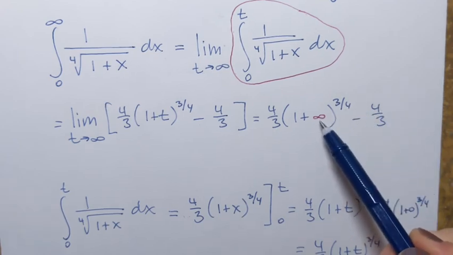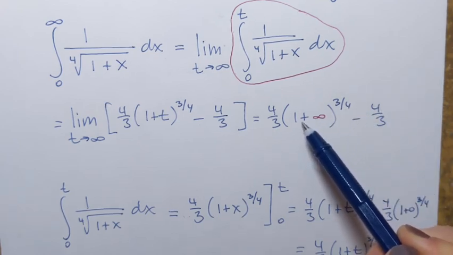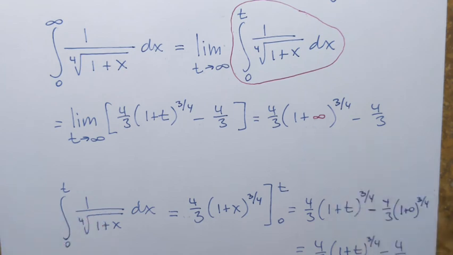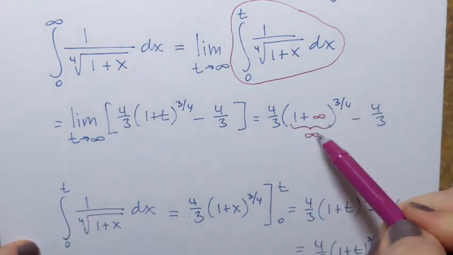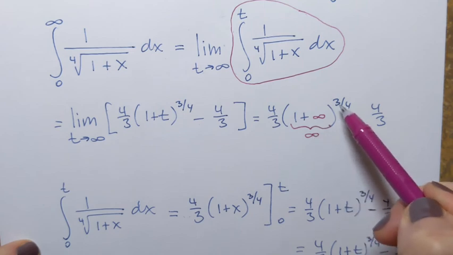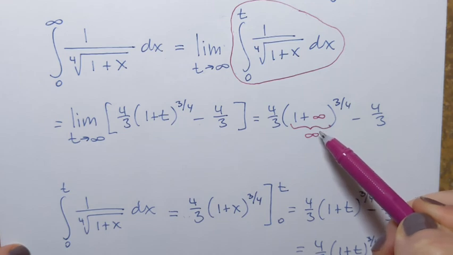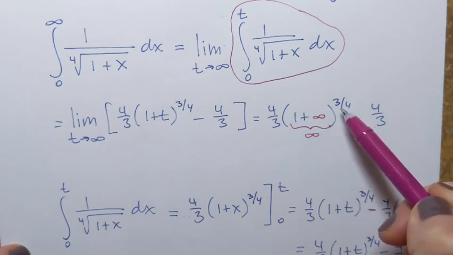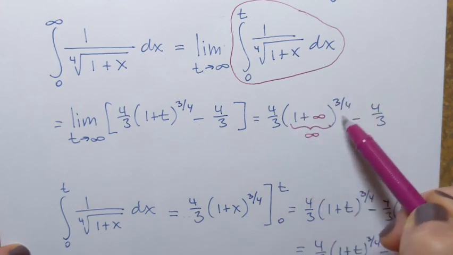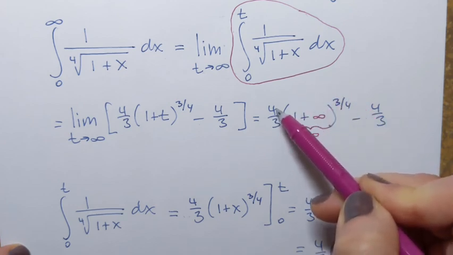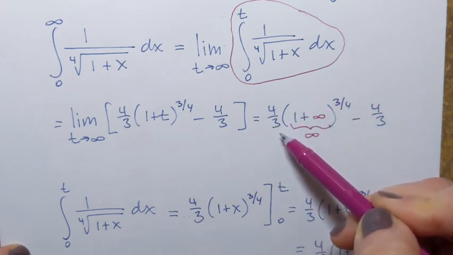But in this case, what we have is infinity plus 1. Well, infinity plus a constant is always infinity, so this part is infinity. Now, infinity raised to any positive power is always infinity. So all that is infinity. Then infinity times any constant is still infinity.